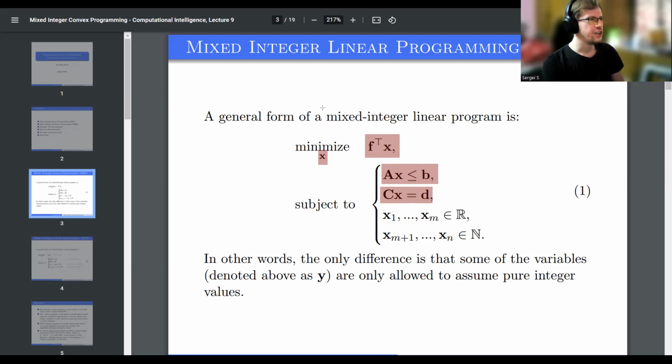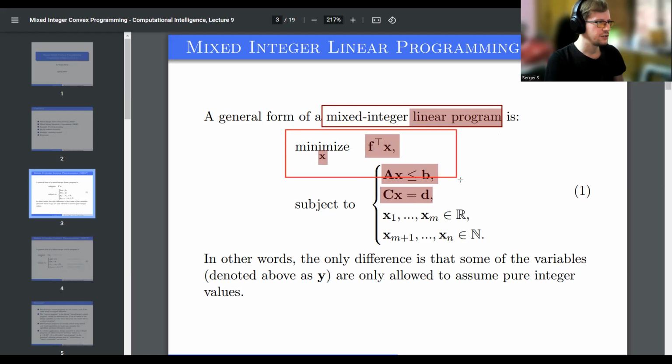Sorry, mixed integer linear program. That is why we have linear cost, linear inequalities, linear equalities. So it's a mixed integer linear program. All right. So far, if you look at this part here that I just highlighted, this is just LP. It is just a linear program.